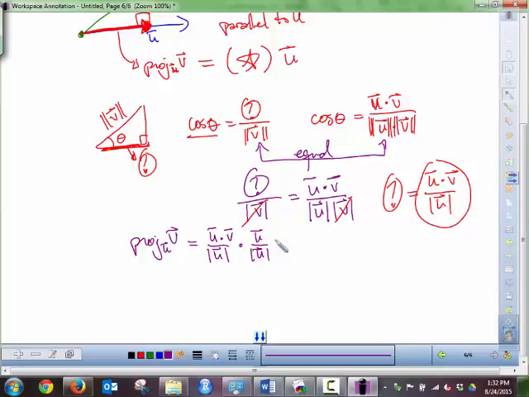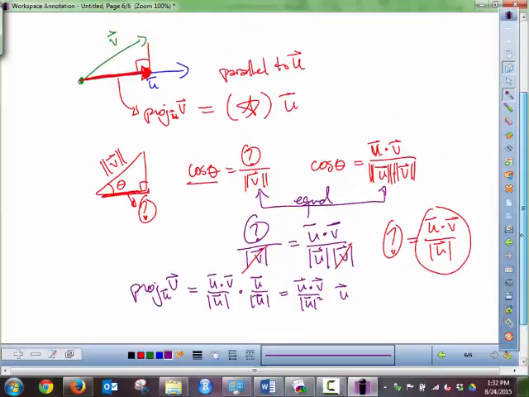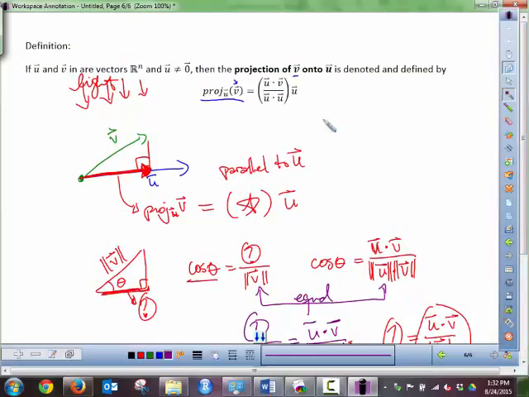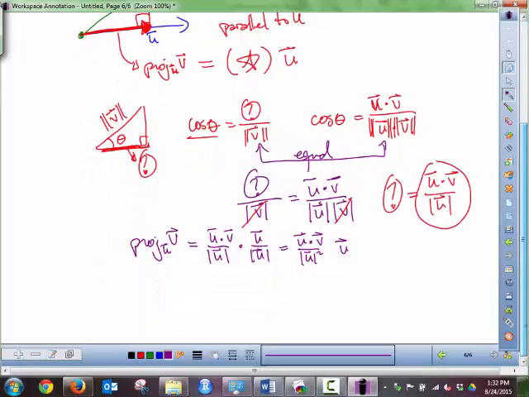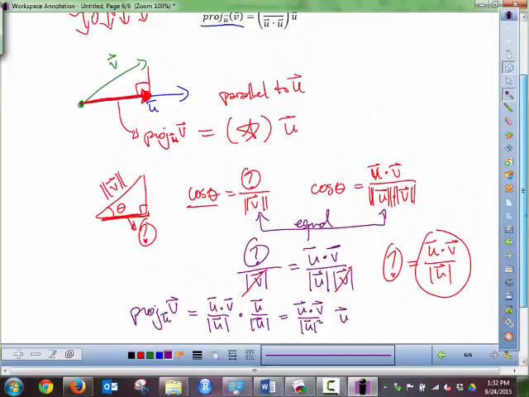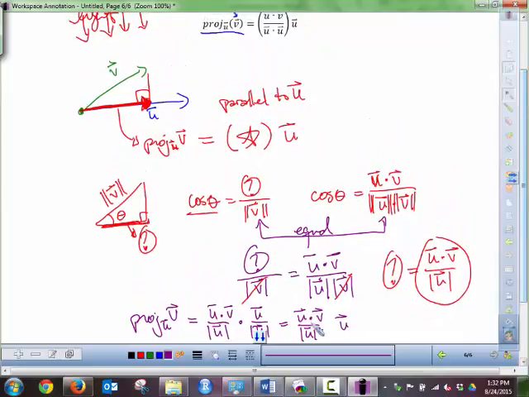Remember how to make a unit vector: just divide by its magnitude, right? Well, this is equal to u dot v divided by, well, this is just the magnitude of u squared. It's still not the same as this. Or is it? Still not exactly the same, right?